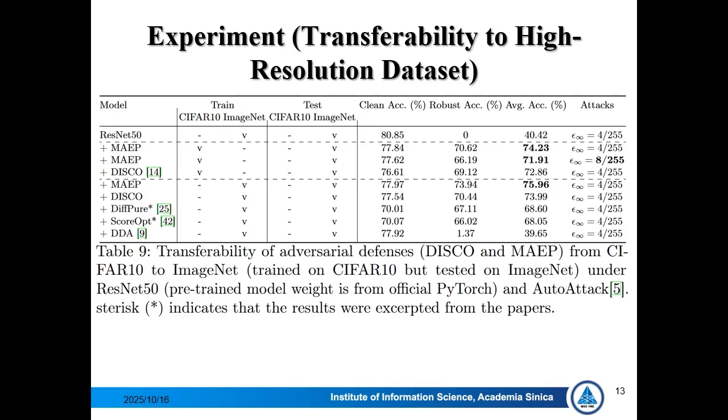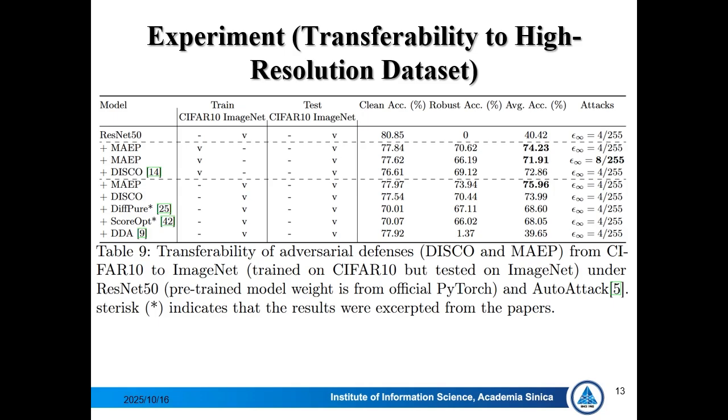Unlike the previous slide, which focused on transferability between datasets, this slide demonstrates that our defense can also transfer effectively from low-resolution to high-resolution domains. Specifically, when MAP is trained on CIFAR-10 and evaluated on ImageNet, it achieves comparable performance to diffusion-based purifiers that are trained directly on ImageNet.